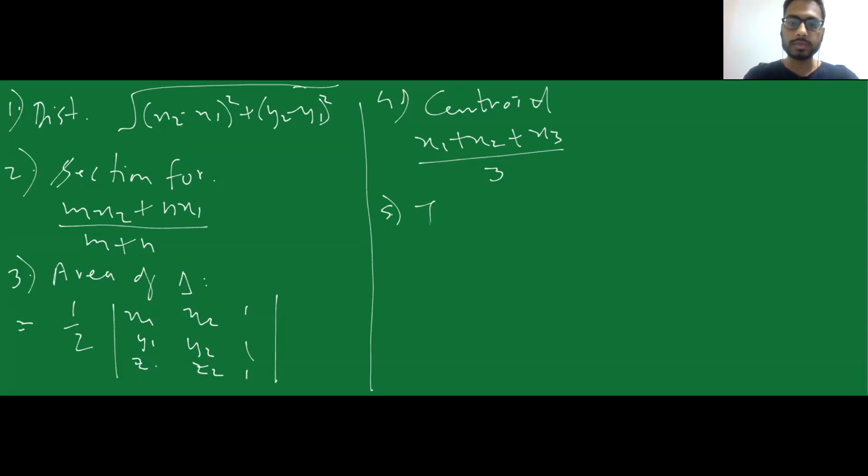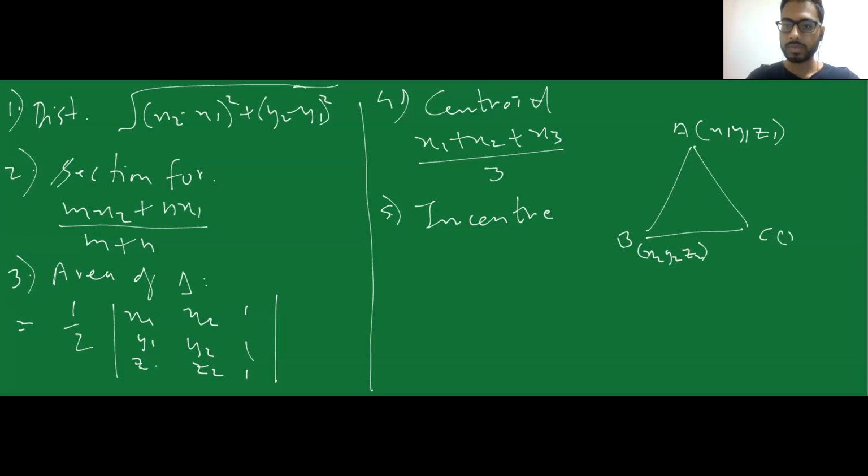Similarly, suppose I have to find incenter of a triangle. To get incenter, suppose this is my figure, which has coordinates A, B, and C. A coordinates are x1, y1, z1. B coordinates are x2, y2, z2. C coordinates are x3, y3, z3.